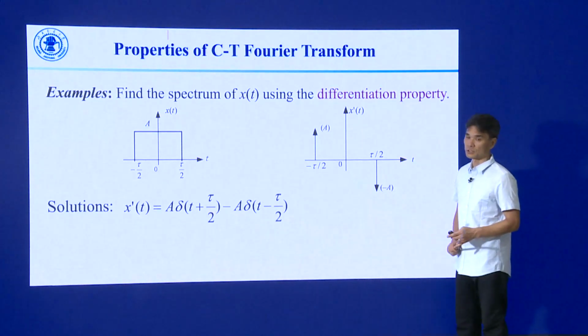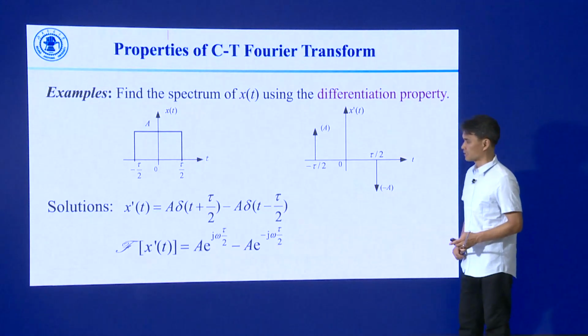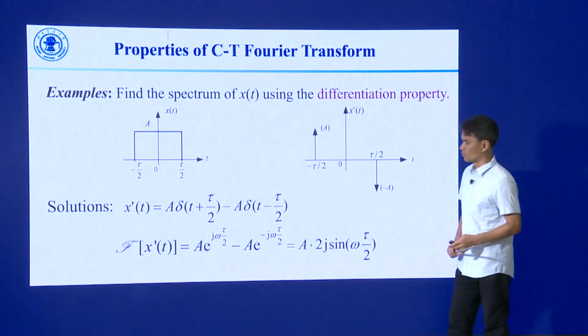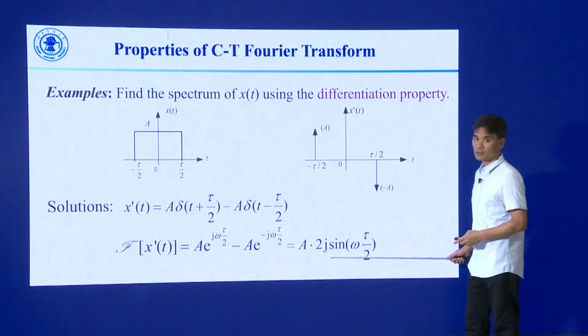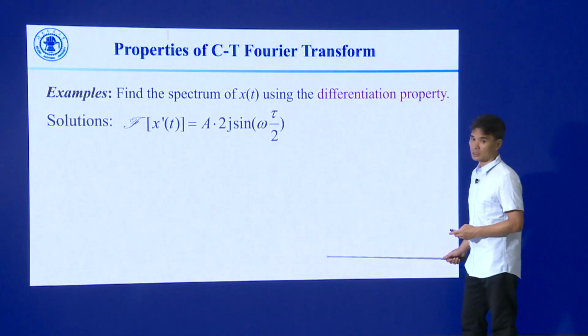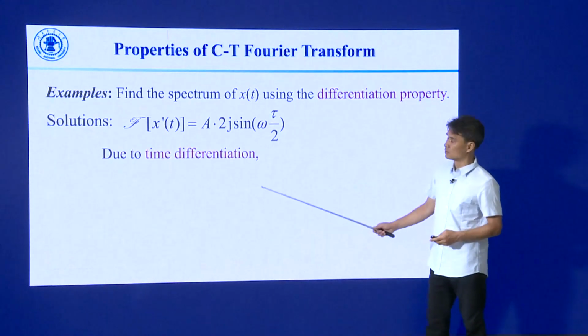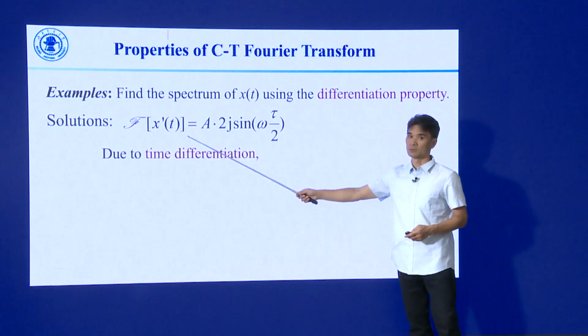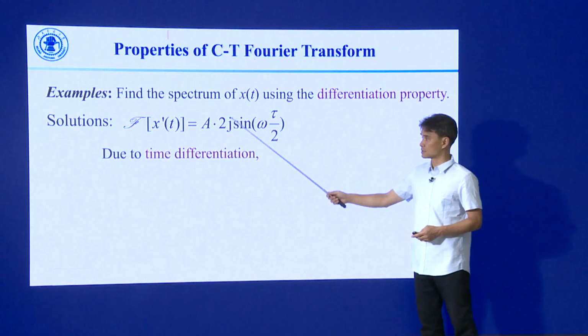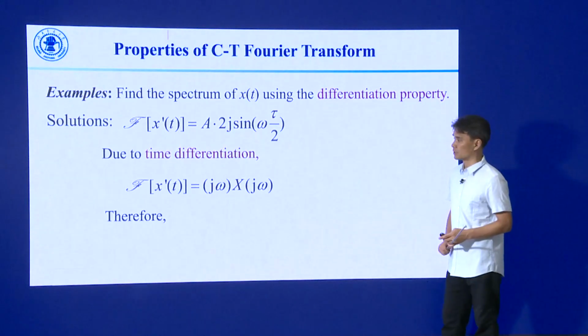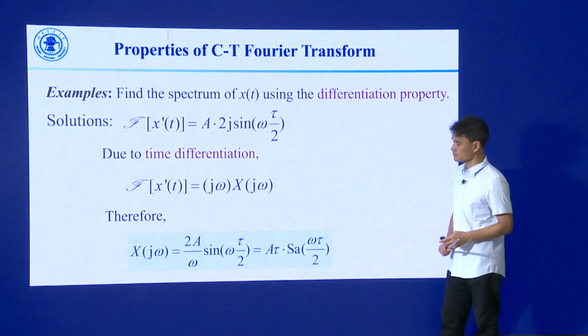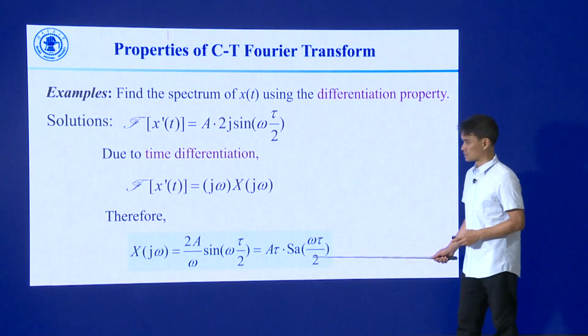They are both shifted, and the spectrum will look like this. We can use the time differentiation property directly. So the original signal's spectrum will be this spectrum divided by j omega. And here is the result.